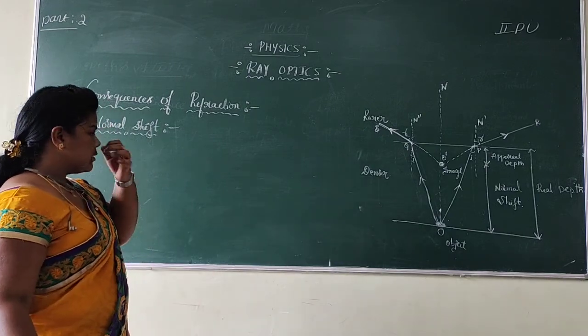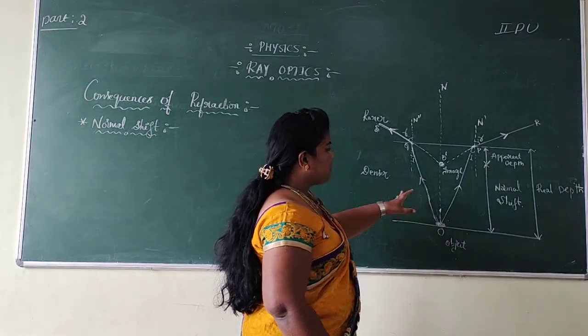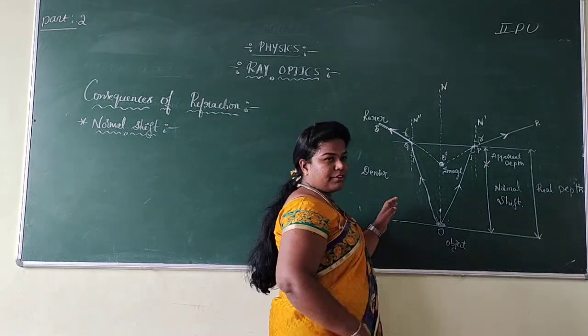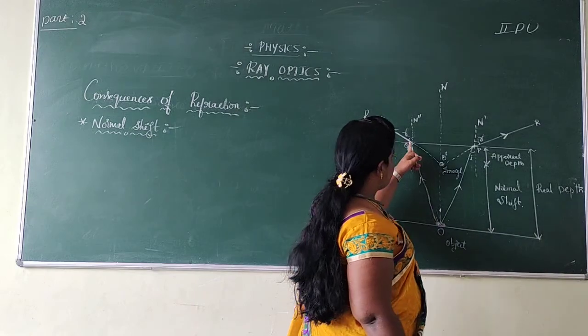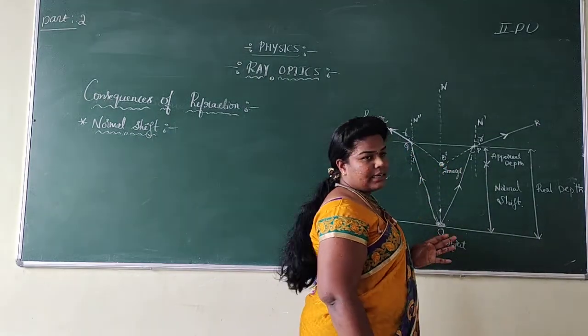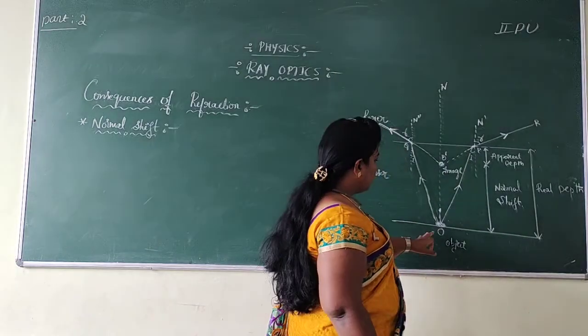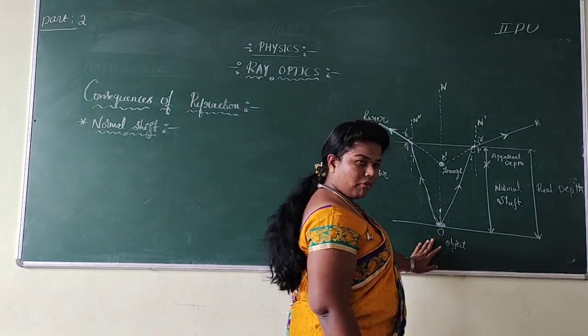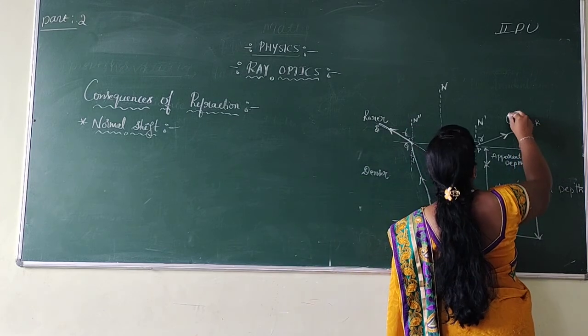So my dear students, I place an object inside a denser medium so that the rays of light are coming in all directions, and after refraction they went away from the normal. If I extend these two refracted rays, they join at this point. Now assume that the fish is inside the water and the person is observing from this position.